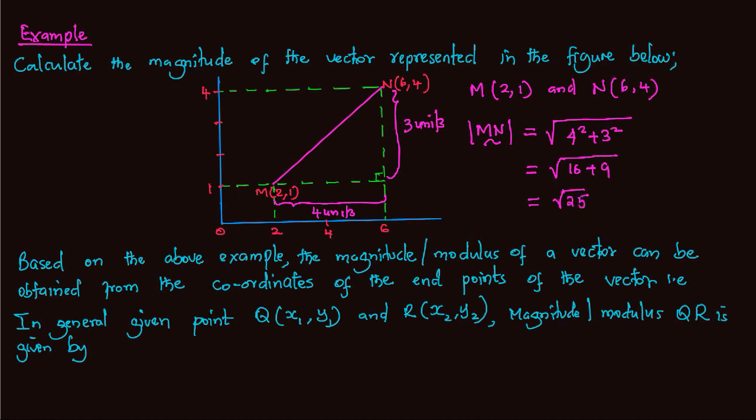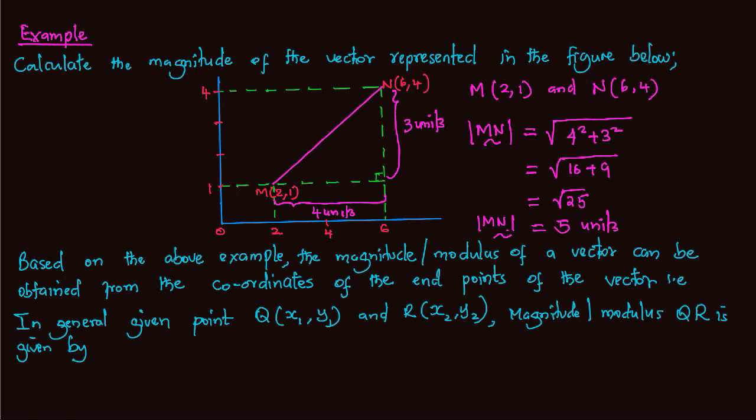Therefore, the modulus of vector MN is equal to 5 units.